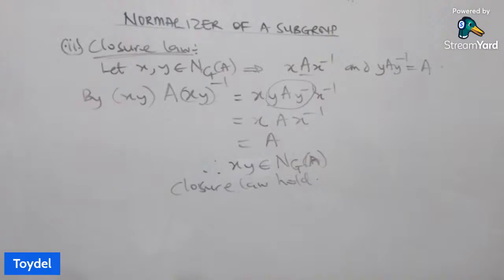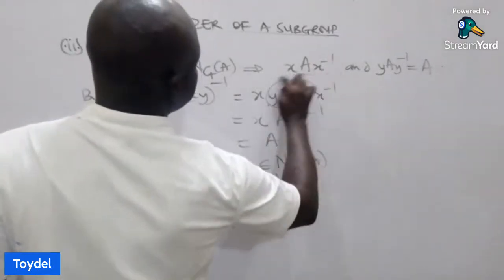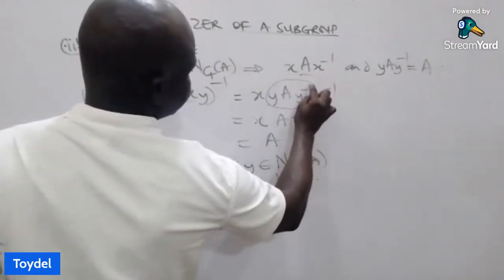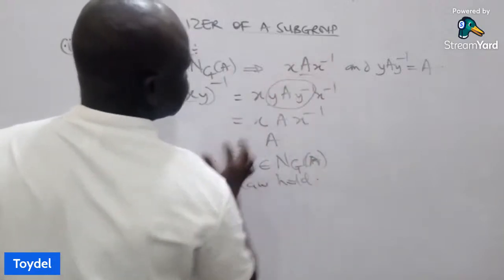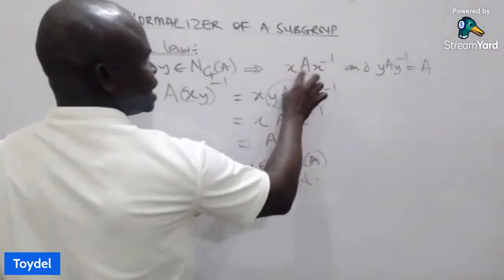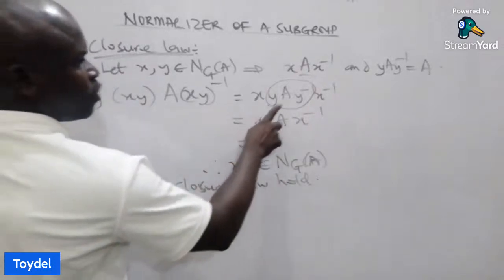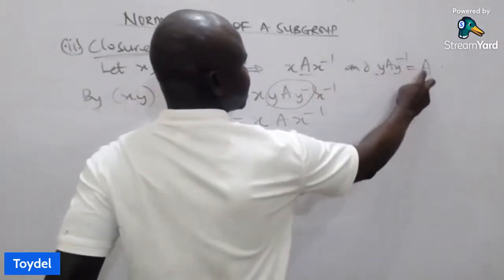From this definition, this is the meaning of a normalizer of a subgroup. So it's like neutralization. We try to neutralize this. We just try to rewrite A in another form. Look, Y inverse is the same thing as A.